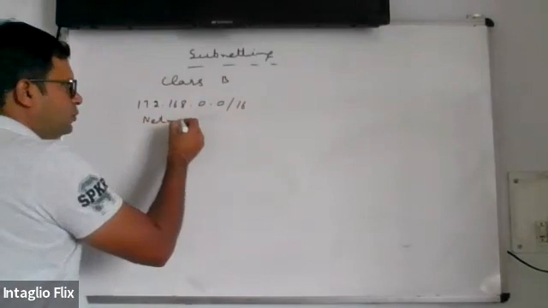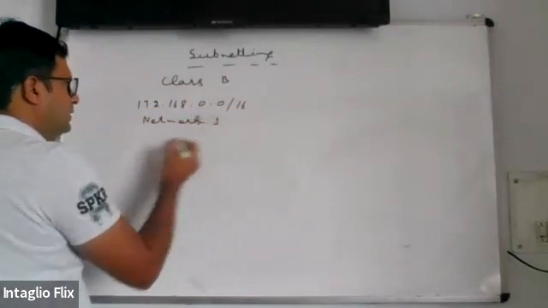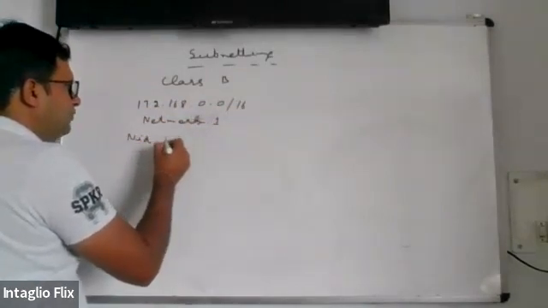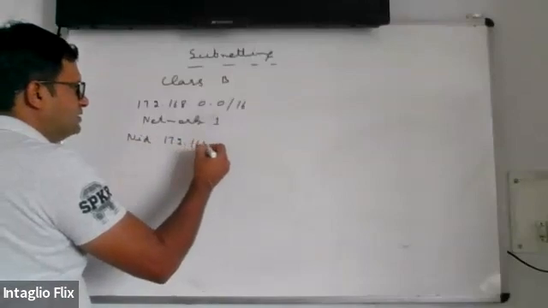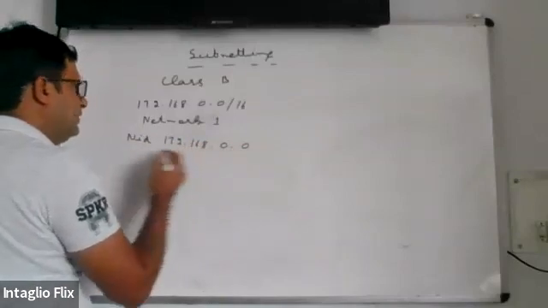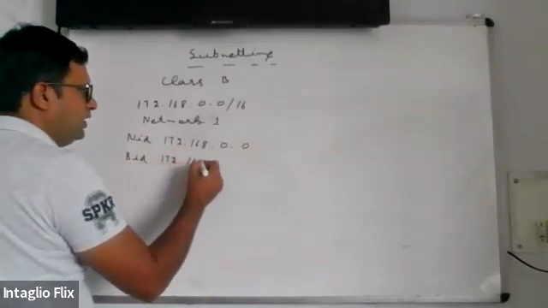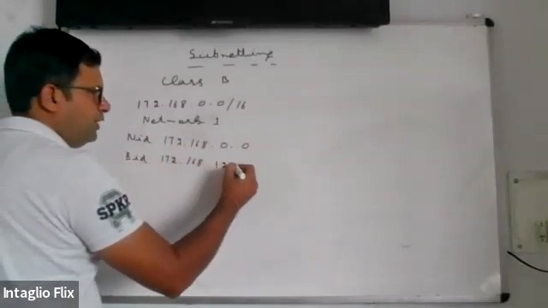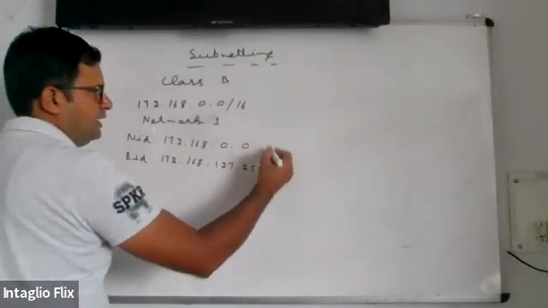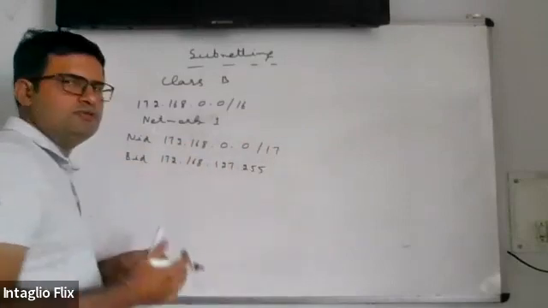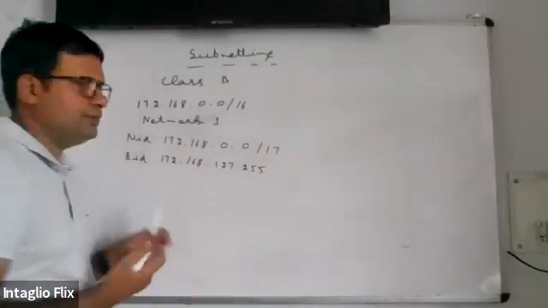So network 1, which will be created, its network ID will be 172.168.0.0. It is clearly written. Its broadcast ID is going to be 172.168.127.255. And this will become /17 because we have already borrowed a bit, right?